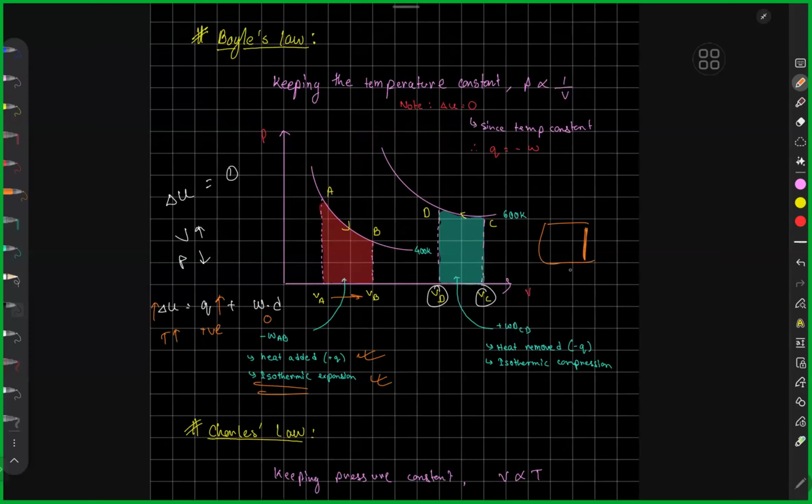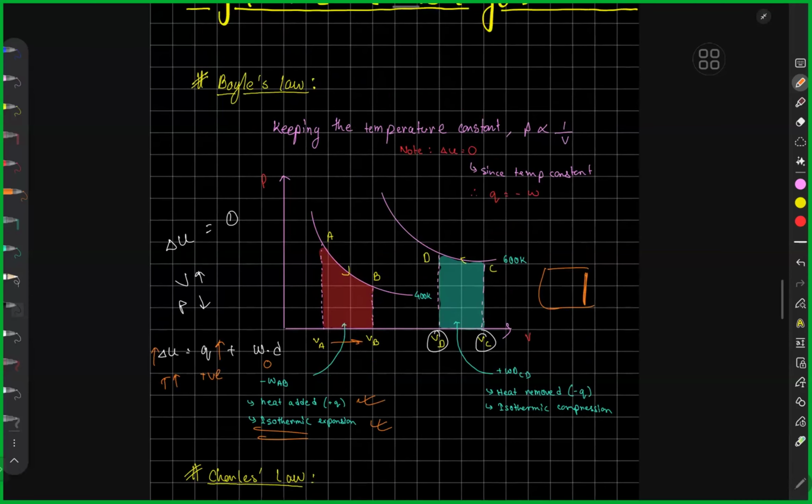If it's a solid box and it can't expand, work done will always be zero in this system. But I'm transferring heat, providing some heat energy. Hence, the internal energy increases, and that means temperature also increases. Simple. In this case, my heat transfer directly means temperature increases. Okay.